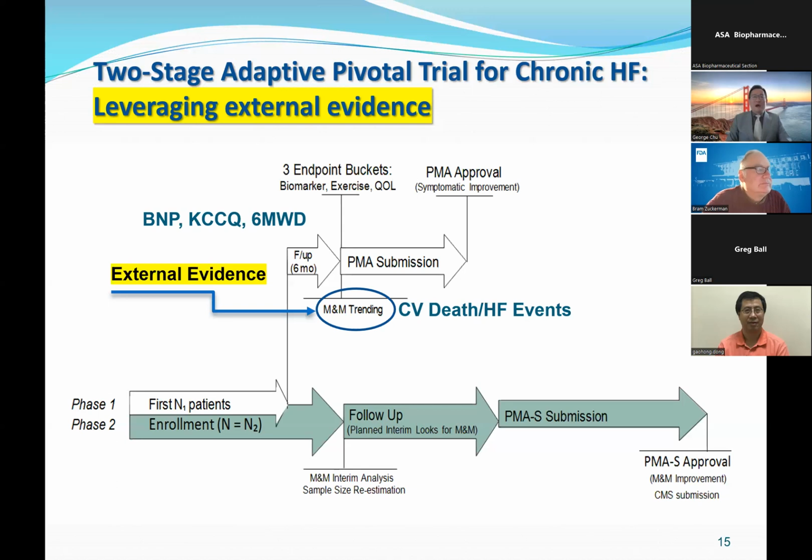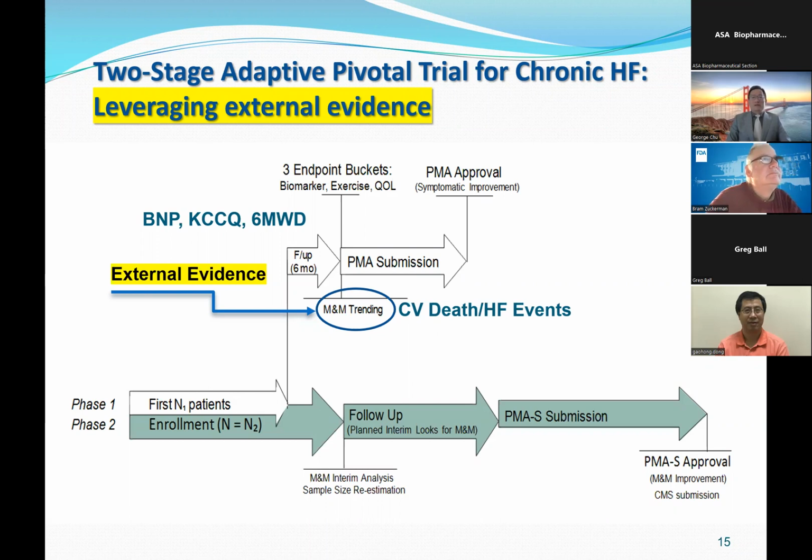At the same time, we want to have certain confidence that the hard endpoint, in terms of CV deaths and hospitalization due to heart failure events, will trend in favor of the device as compared to the randomized control. But oftentimes at this time we have a smaller sample size and short follow-up. We cannot secure statistical significance for the hard endpoint.